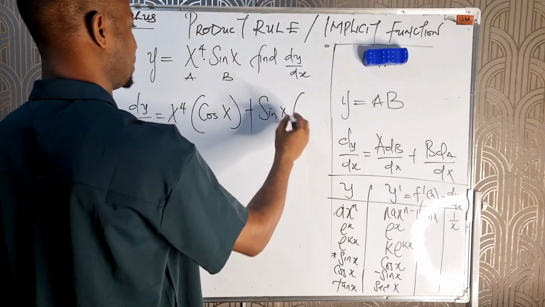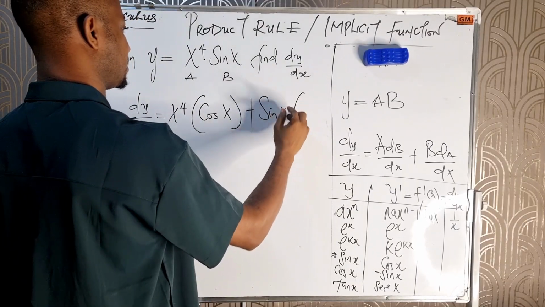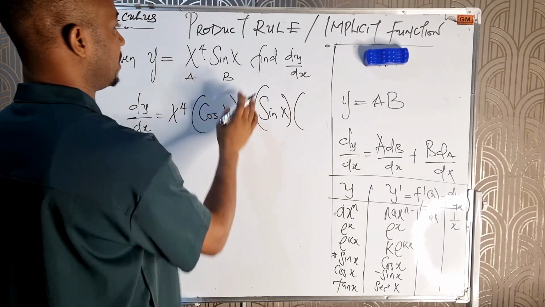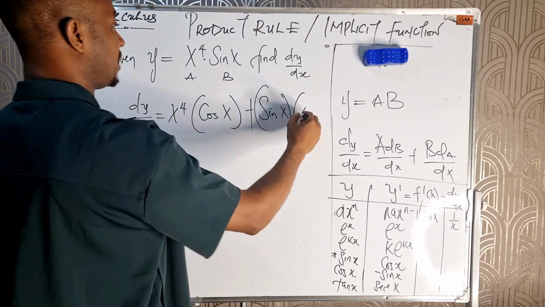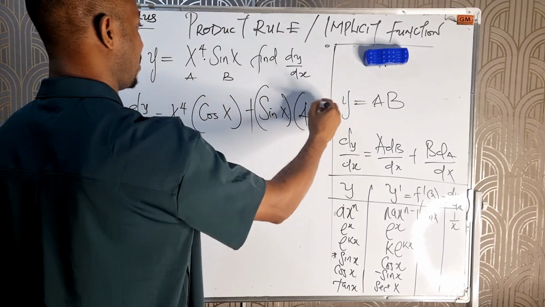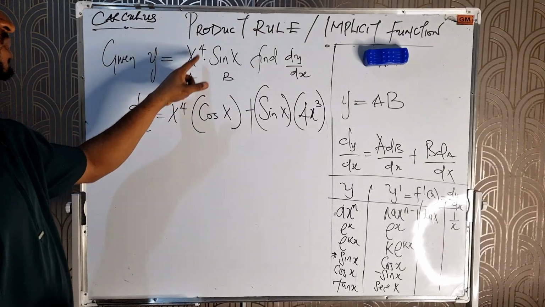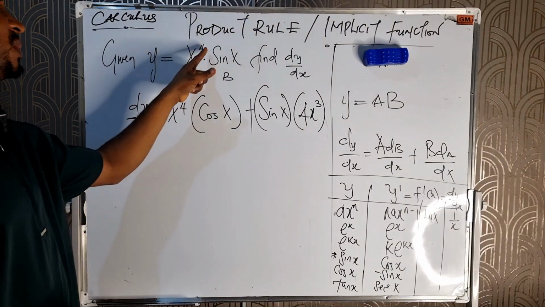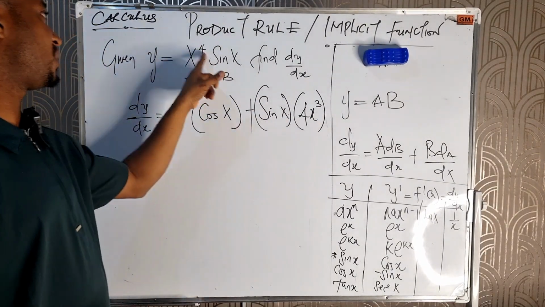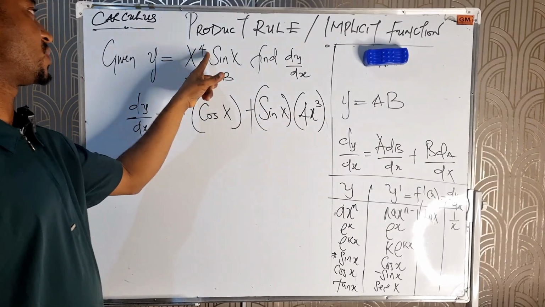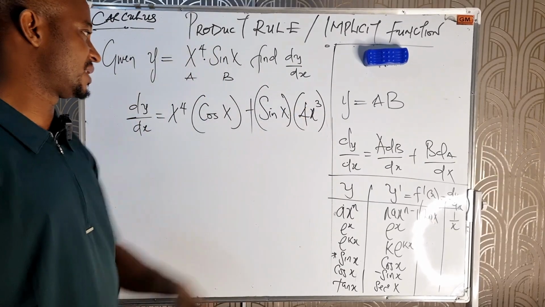Then we differentiate x to the power of 4. That will give us 4x to the power of 3. Don't forget, the rule says when you differentiate this, multiply the power by the coefficient of this x, then subtract 1 from the power. So 4 times 1 remains 4. Then when we subtract 1 from 4, we have 3.